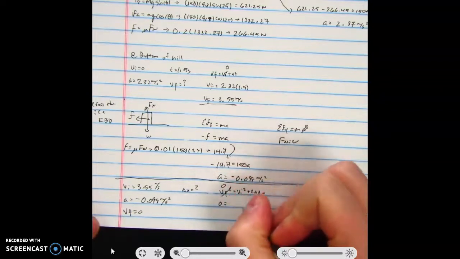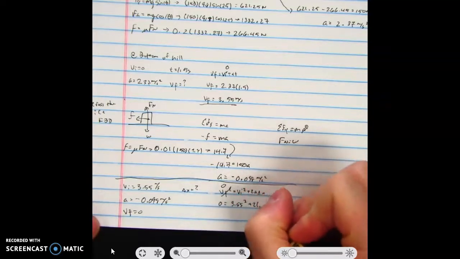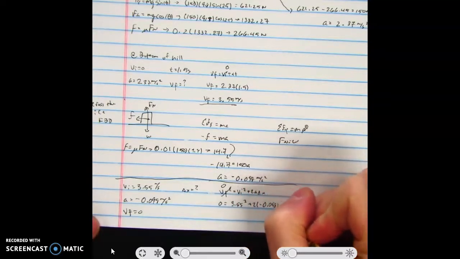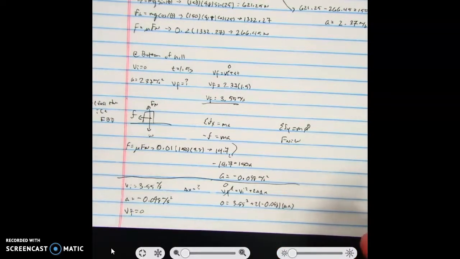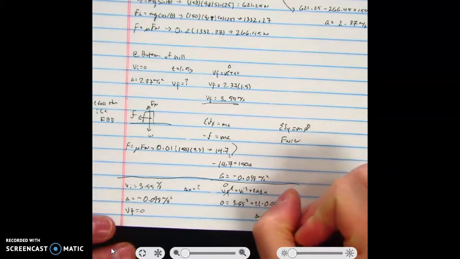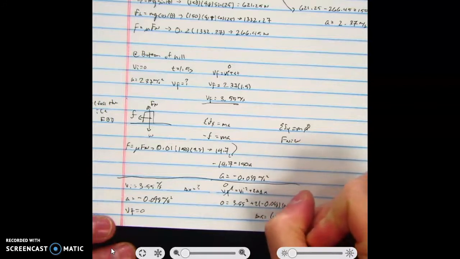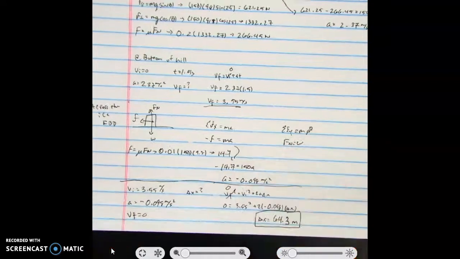So 0 is equal to 3.55 squared plus 2 times negative 0.098 times delta x. So 3.55 squared divided by 2 times 0.098 gives delta x equal to 64.3 meters. Bada bing, bada boom.